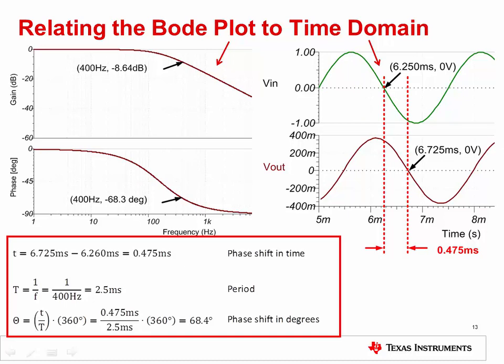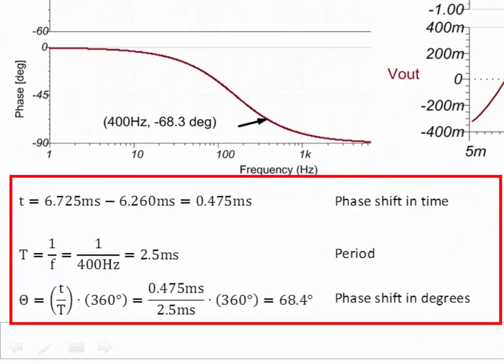The calculation at the bottom of the page illustrates how you can convert the time delay to a phase shift in degrees. In this case, the time delay is about 0.475 milliseconds, and the period of the 400 Hz input is 2.5 milliseconds.